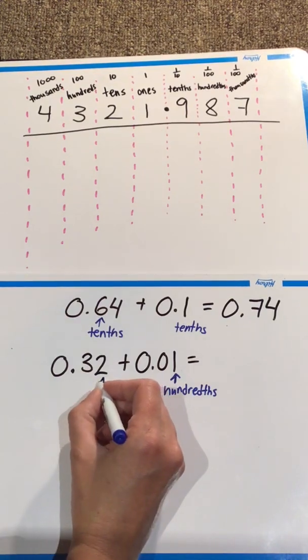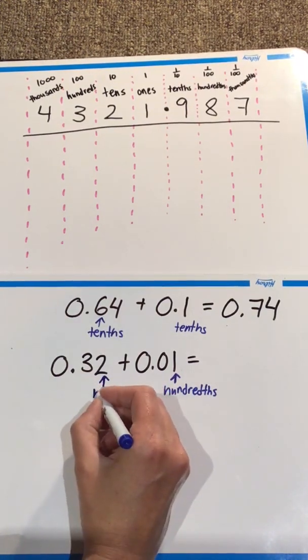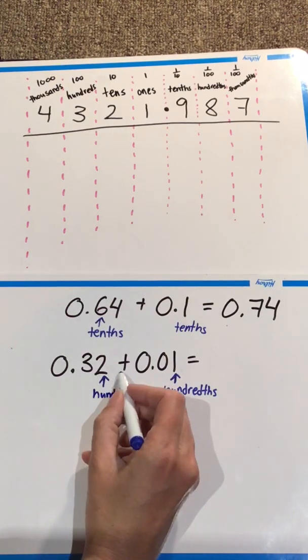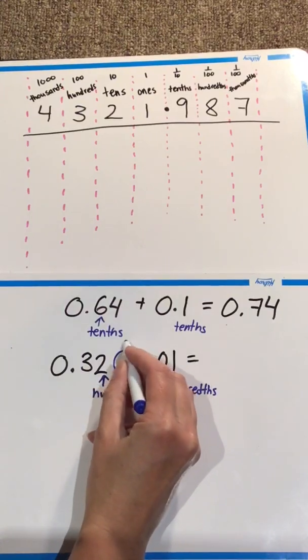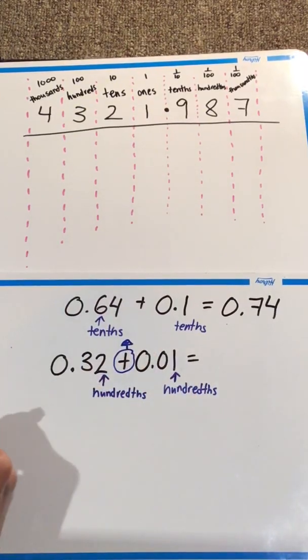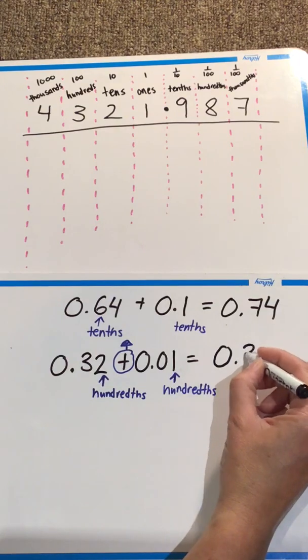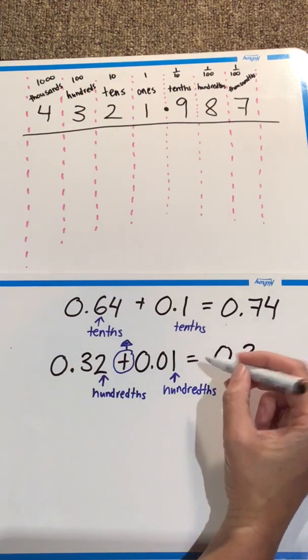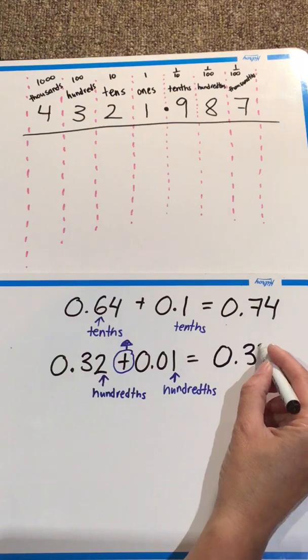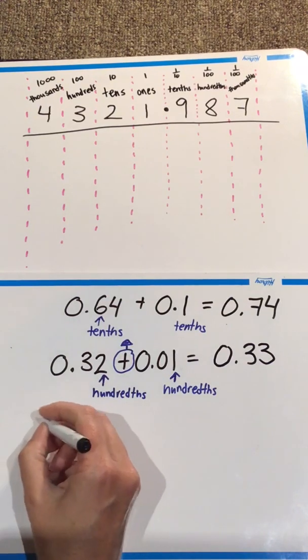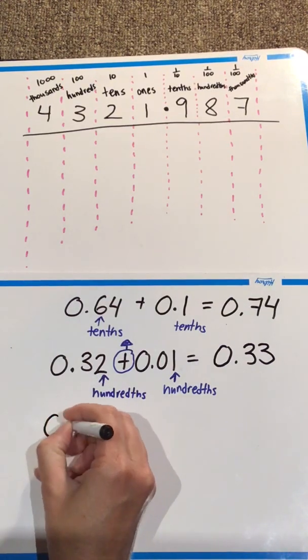Hopefully I'm hearing a rousing chorus of, it's 2, Miss Hughes. Then I check my sign, and it's adding, so we're going to go up by 1. All the other digits stay the same. We're not changing the ones column or the tenths column, just the hundredths column. It's got to go up by 1: 0.33.